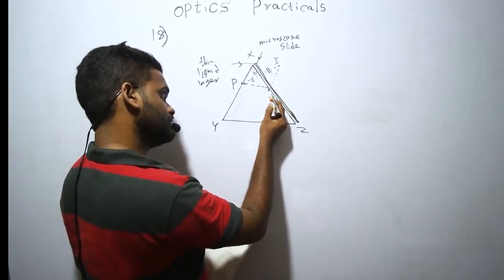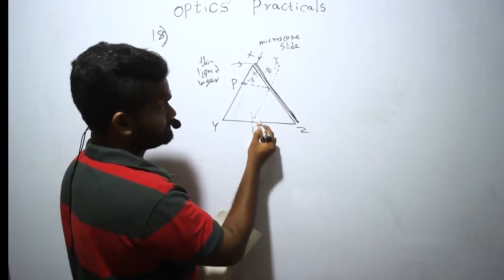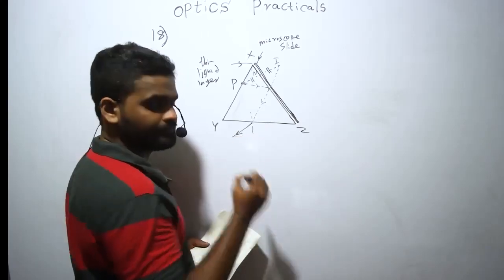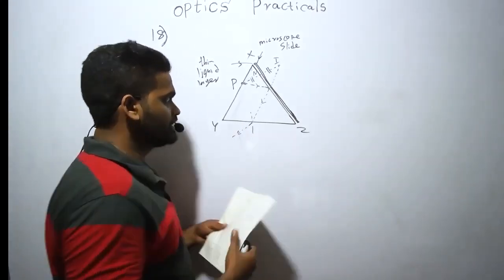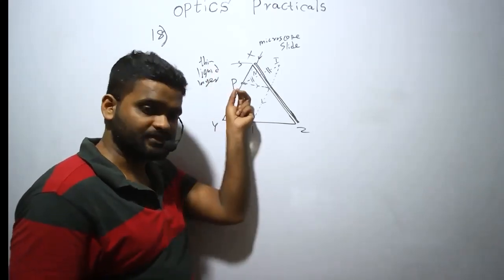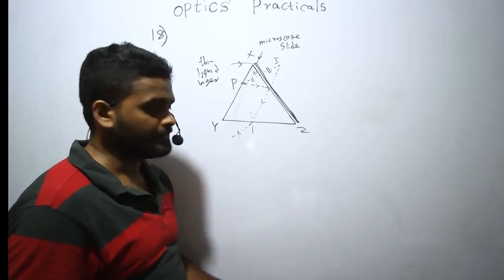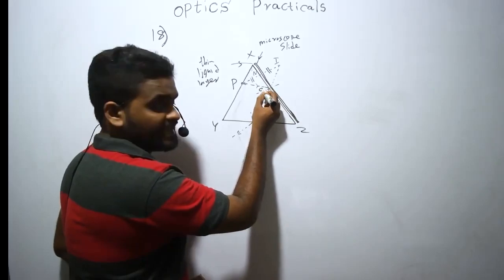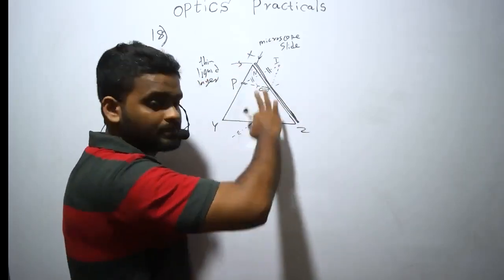Then this has to go along here and gets incident to this side and get away. So this is the ray diagram which I drew earlier, right? This is the earlier ray diagram. Then we know that this angle is C, the critical angle. We found that earlier, only for the prism.